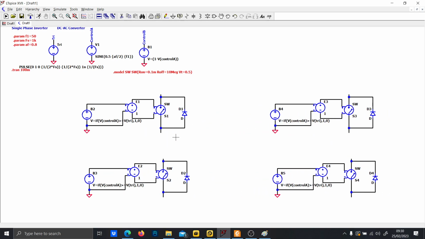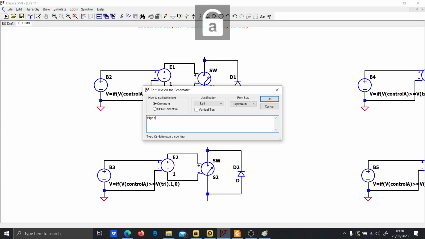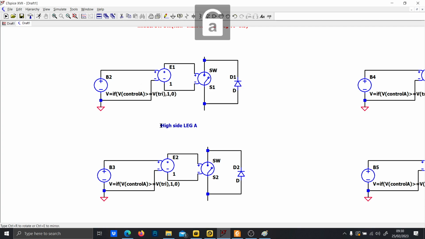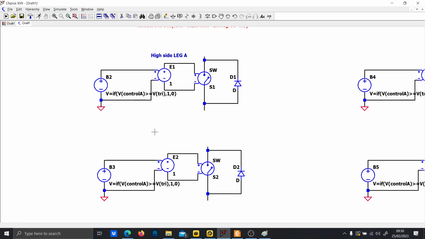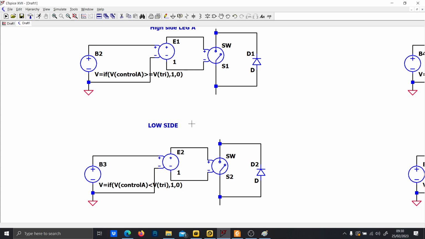Now of course you have to modify the thing accordingly. So this is the high side, leg A, and this is correct. If it is the low side, you have to invert this sign here, otherwise it won't work. Whenever the first is switching, the other is not switching. So the sign is less or equal than, of course.